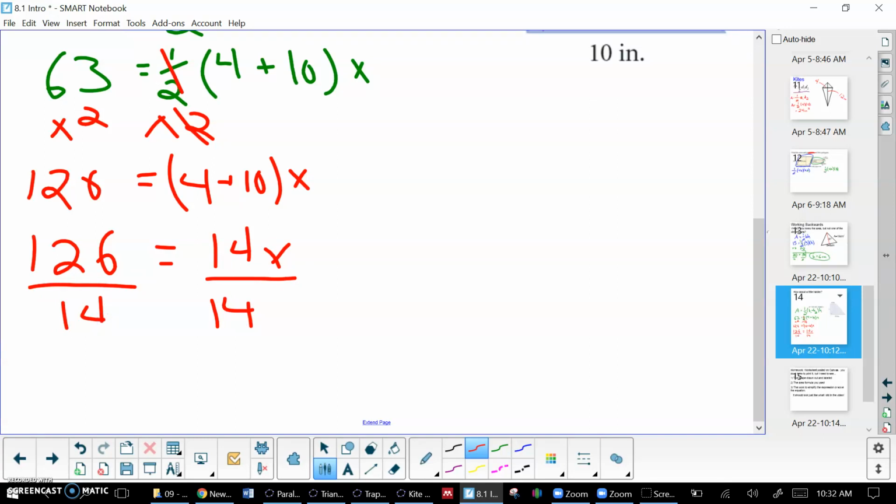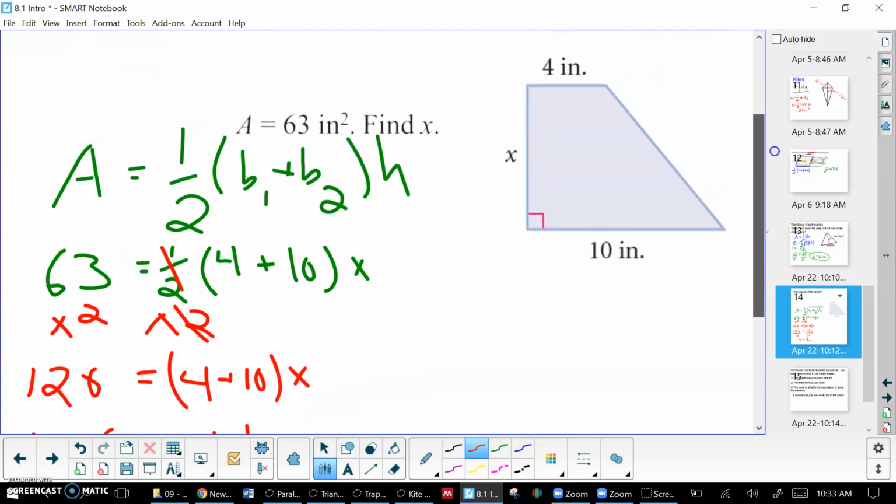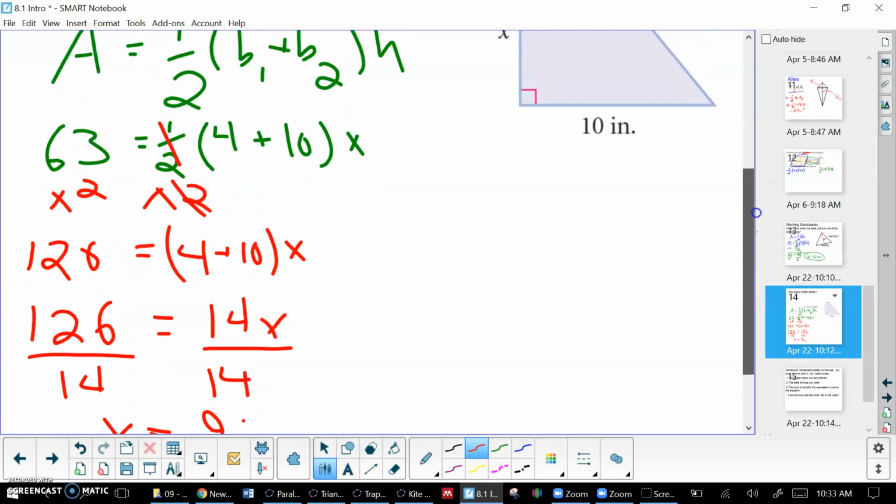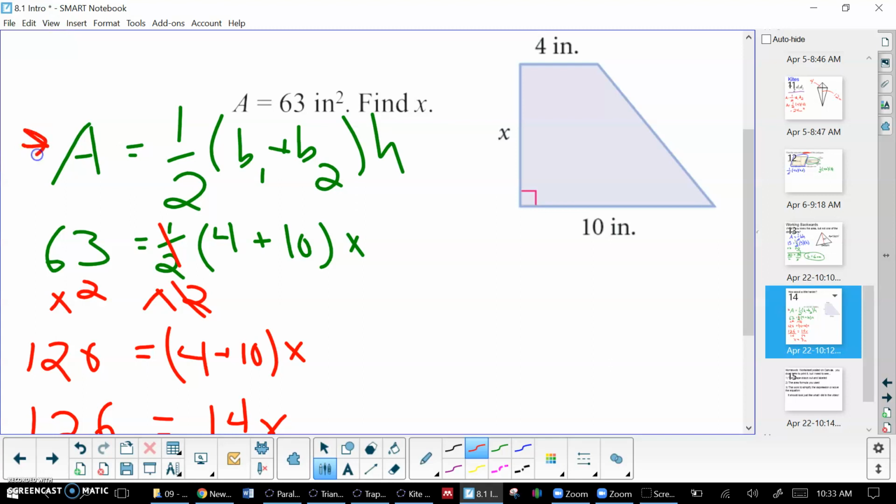And asking the calculator what that is, says that we get x equals 9, and since we're in inches, 9 inches. So we're combining a little bit of our algebra. Hopefully that's a good chance to review some of that algebra from last year and get ready for next year as well. But start off with the area formula.